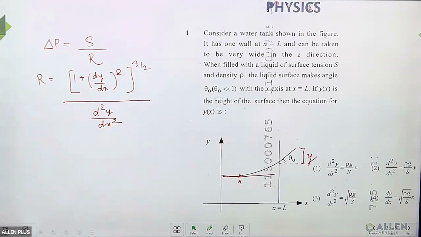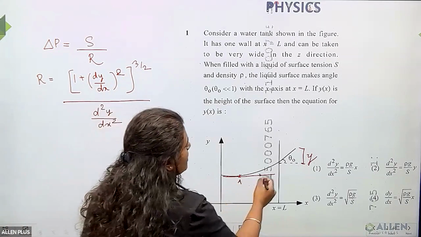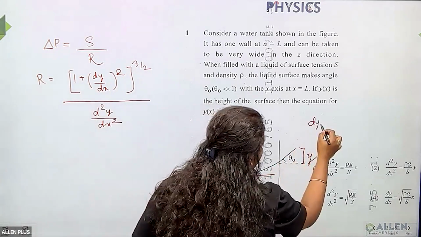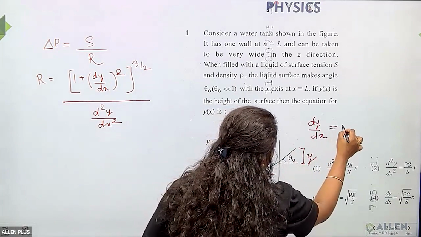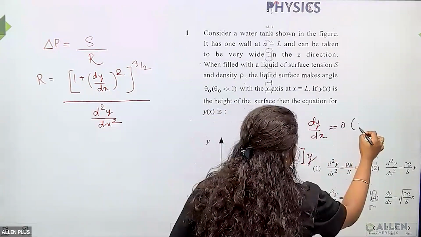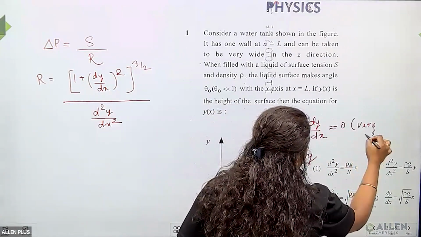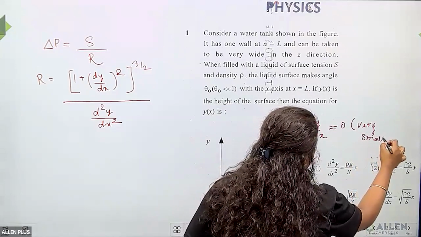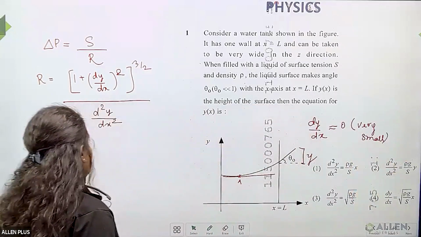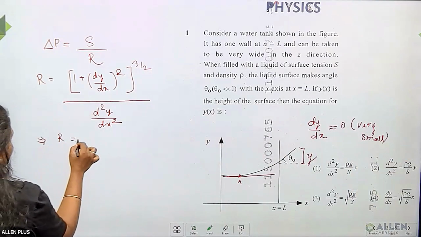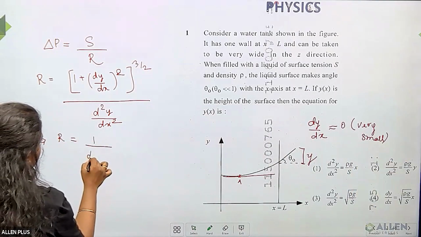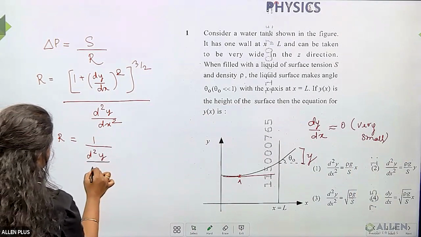In this particular case, clearly from the diagram, it is evident that the value of dy by dx is almost equal to 0, or I can say it is very small. So from here, I can obtain r equal to 1 divided by d square y by dx square.